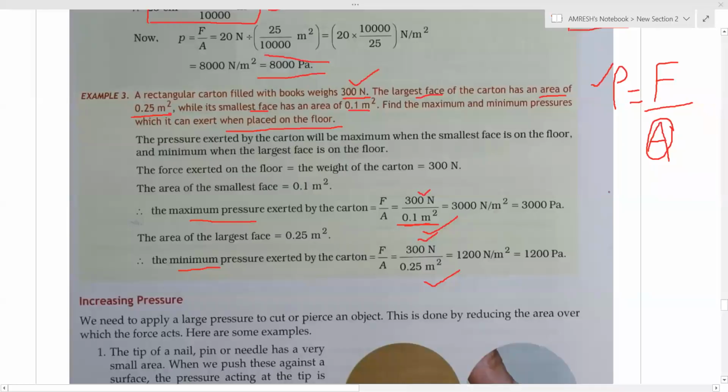So I think you have got the problem. Every time remember: maximum pressure, minimum area; minimum pressure, maximum area. They are inversely proportional to each other.